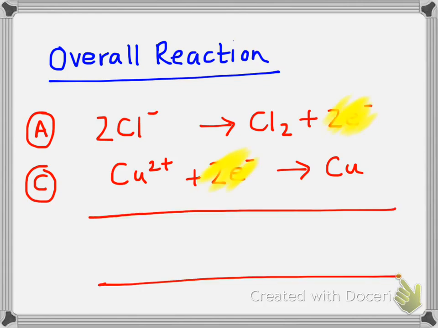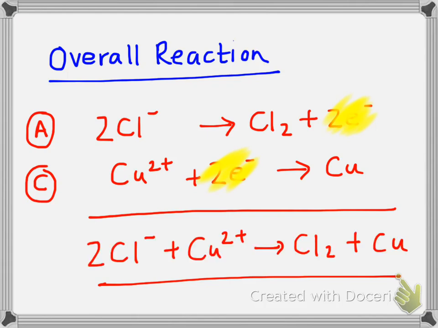In this particular case, you'll notice that there are 2 electrons on either side, so there's no need to introduce any more balancing numbers. They simply cancel out. We then add everything on the left and everything on the right of the reaction arrow. So our overall reaction is 2Cl- plus Cu2+ giving us Cl2, the chlorine gas that would be released, and Cu, the copper that would plate the electrode.